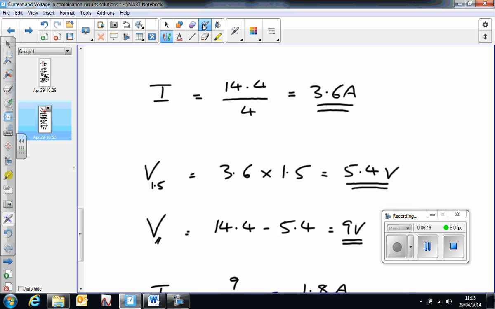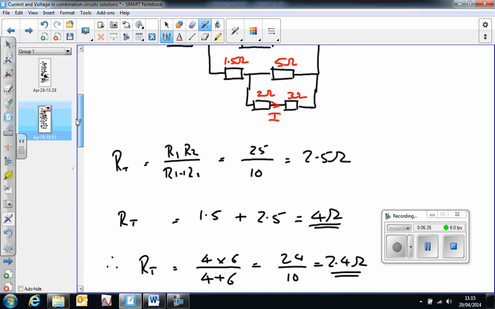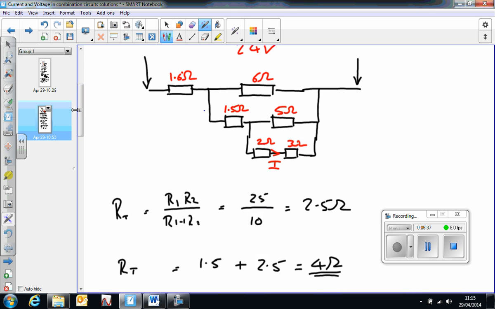Okay, so the current flowing through our little combination is 14.4 volts over 4 ohms resistance, which is 3.6 amps. So we've got 3.6 amps flowing in this particular part of the circuit. Now I can find the voltage across there.